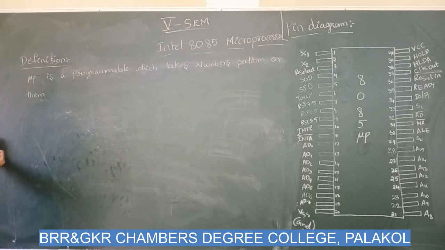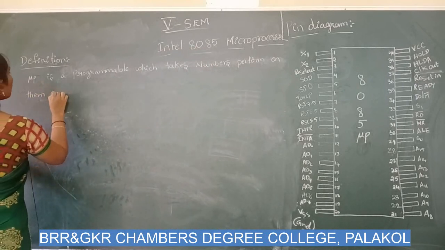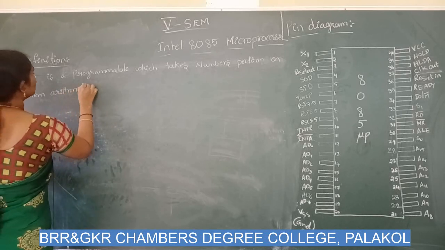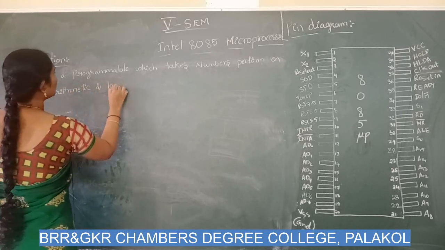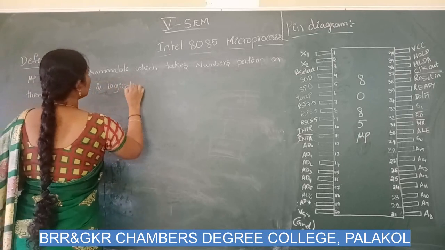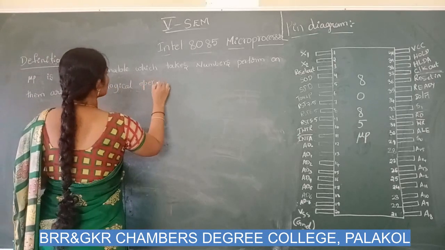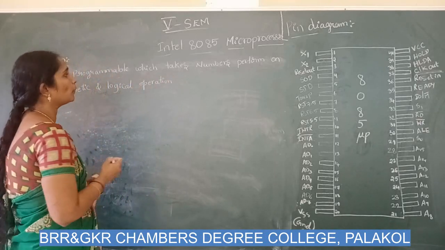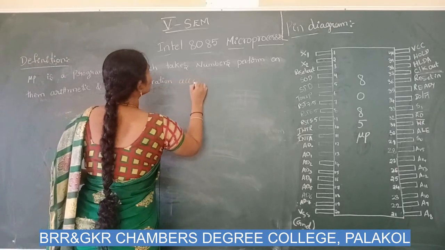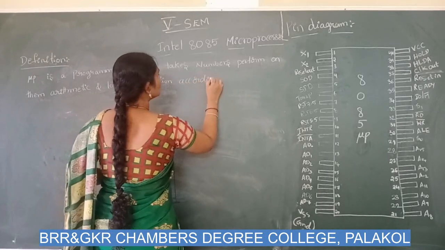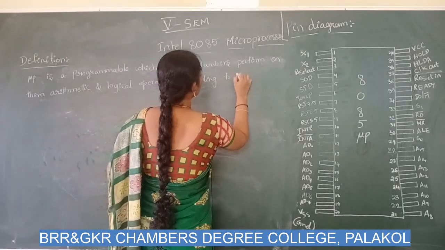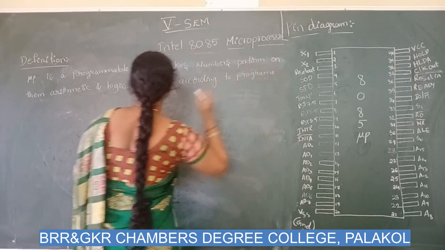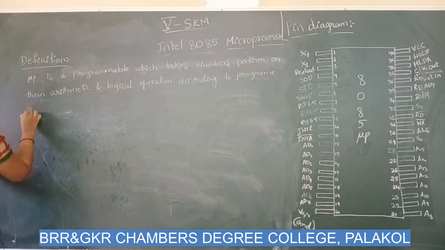So what type of operations are they? Those are the arithmetic and logical operations, according to the program stored in the memory.